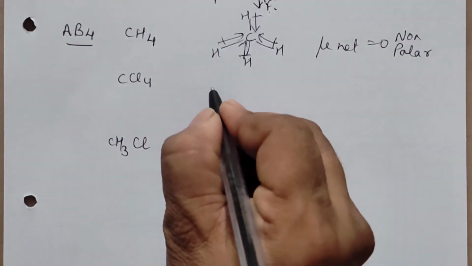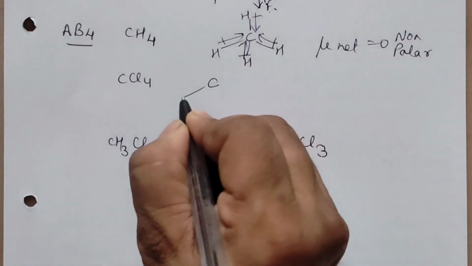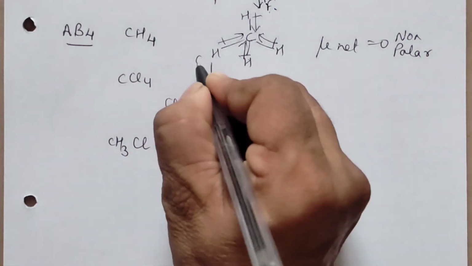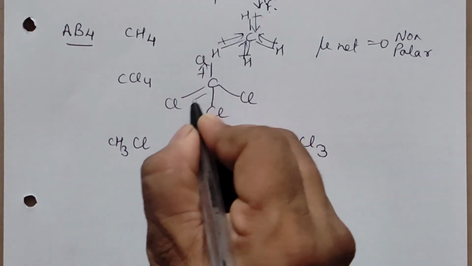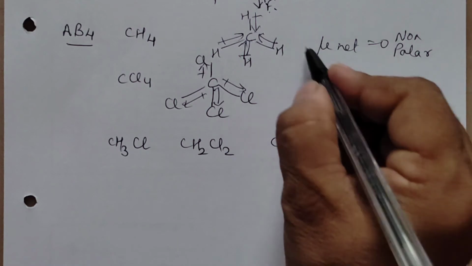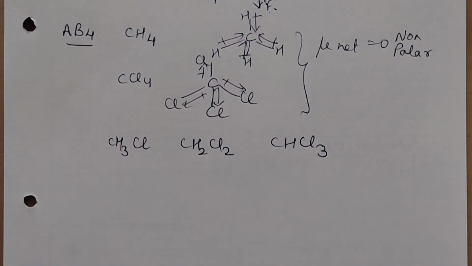Carbon tetrachloride is also the same. It's a symmetrical molecule. You will draw the tetrahedral structure, and all bond moments are towards chlorine because chlorine is more electronegative, and that means this is also a non-polar molecule. Just check these examples.